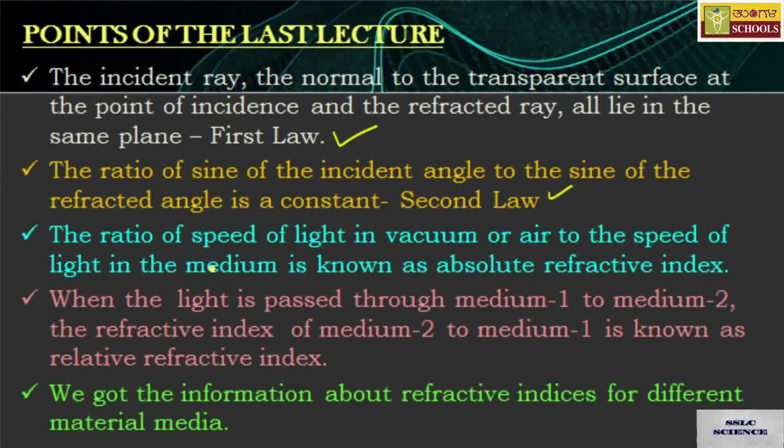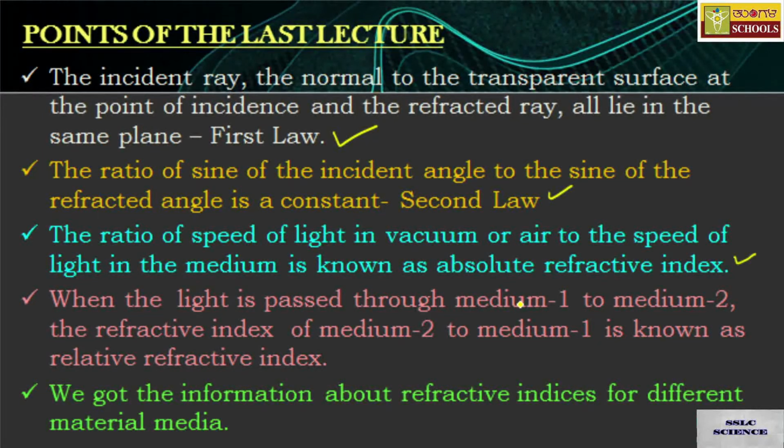And we also got two terms: absolute refractive index, or simply refractive index, and relative refractive index. Absolute refractive index is defined as the ratio of the speed of light in air or vacuum to the speed of light in the medium, or the reference medium.